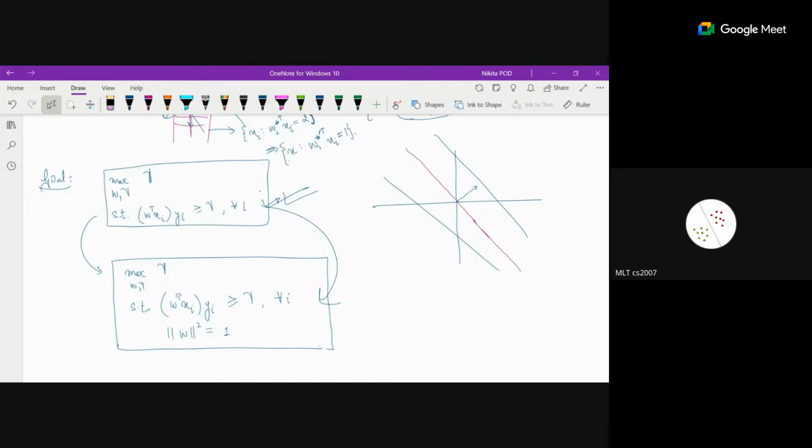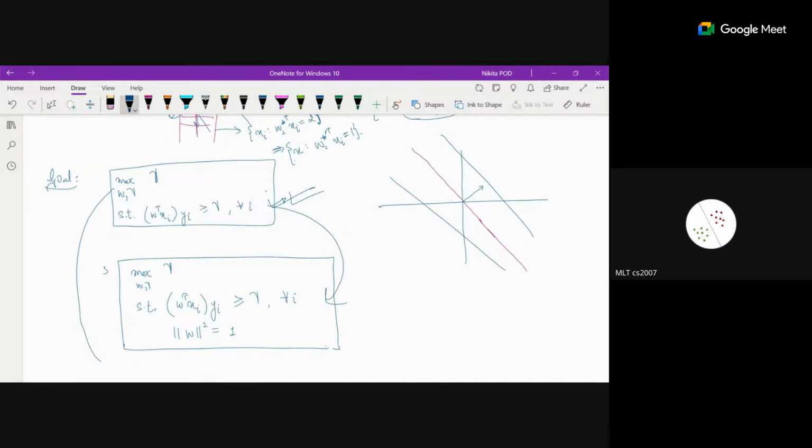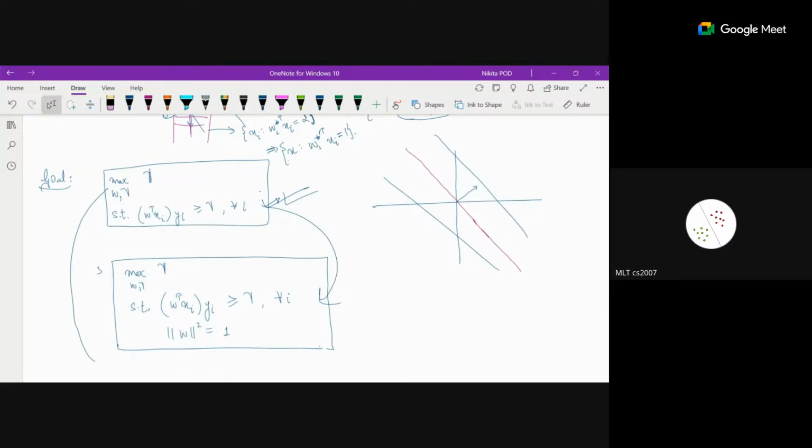And we will see how this optimization problem turns out to be, because this is not very easy to solve, right? We want to solve this problem, but how can we frame it in such a way that we can come up with a solution?